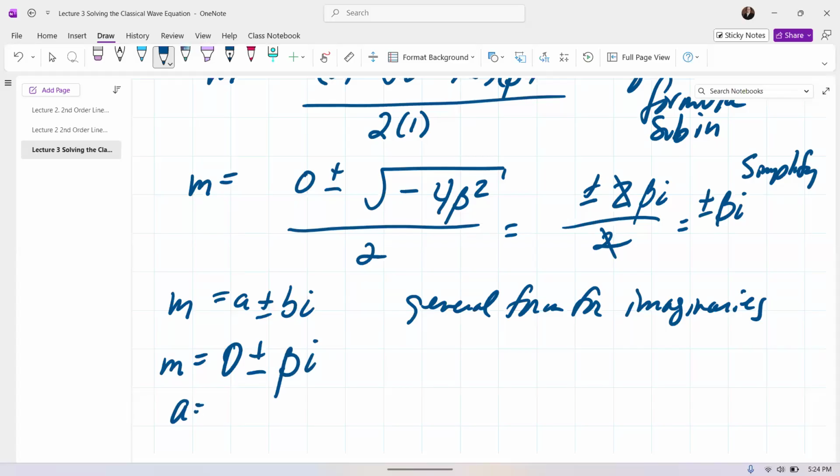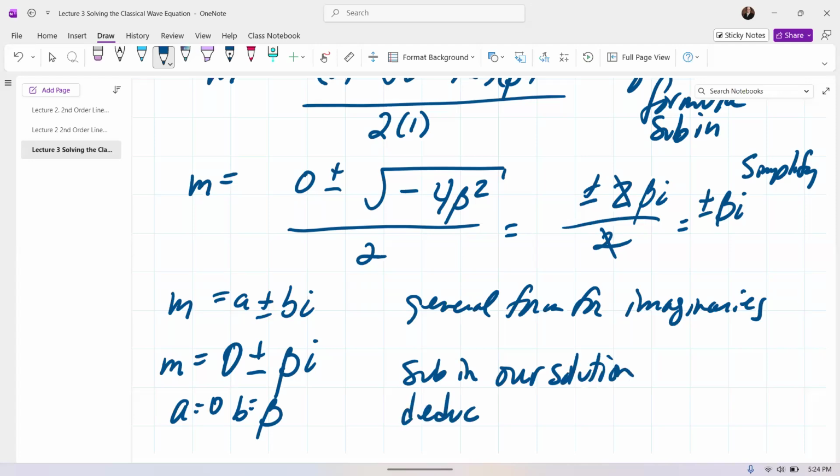So a equals 0 and b equals beta. So sub in our solution and deduce a and b by inspection. That means you just match them up. That's the a part, that's the b part. That's how you know what it is.